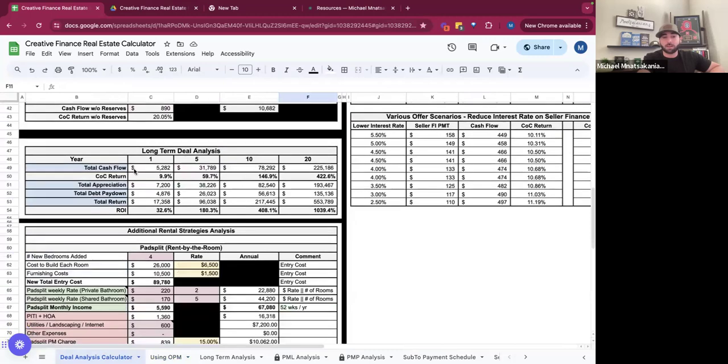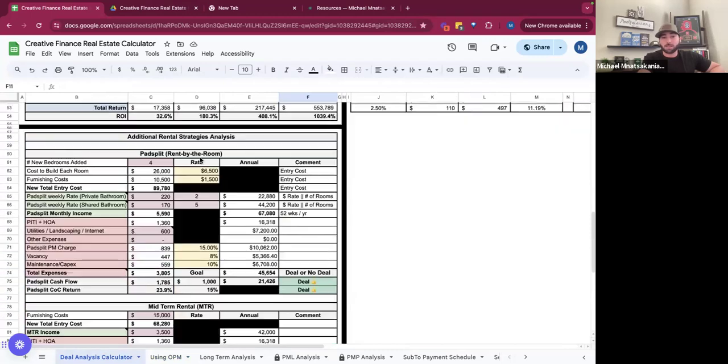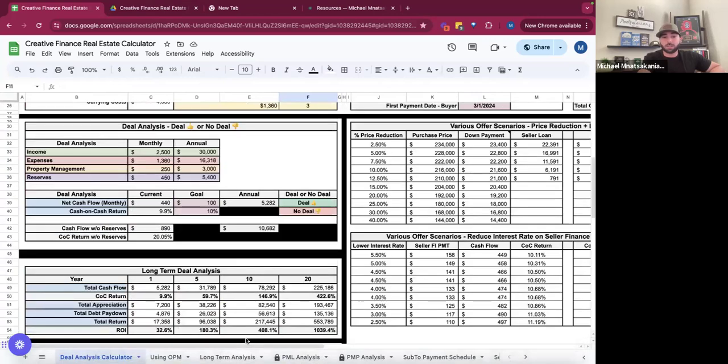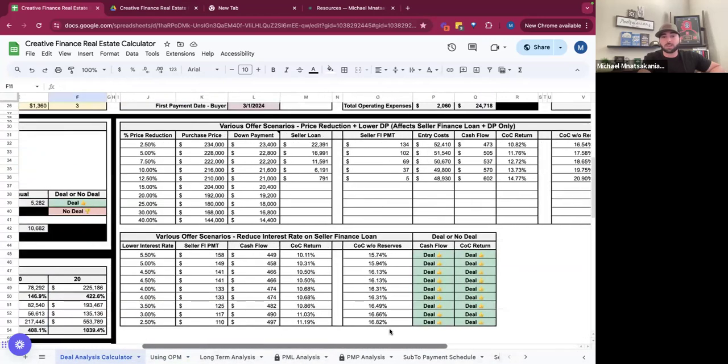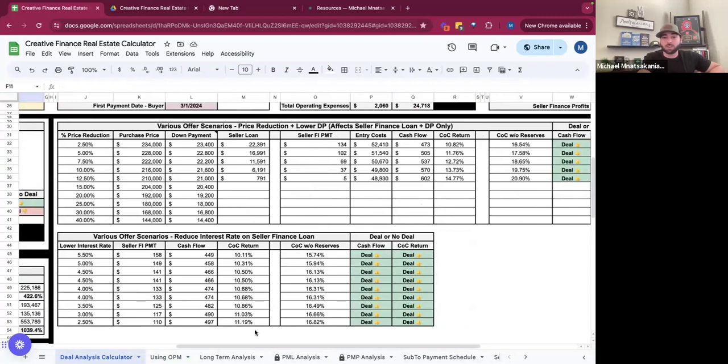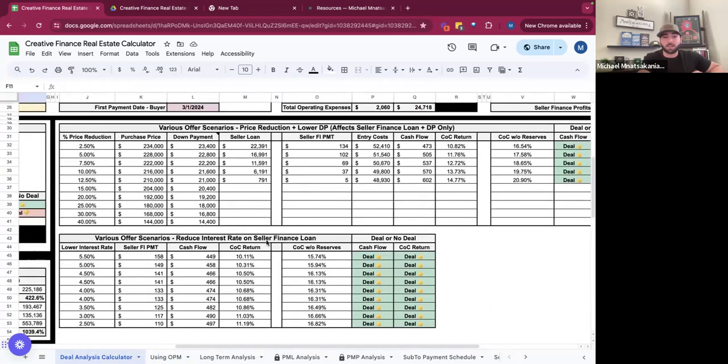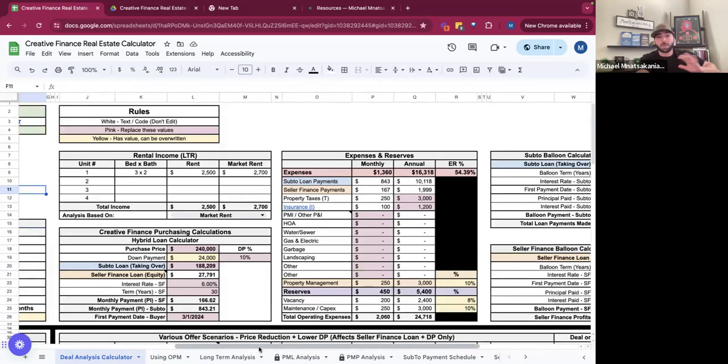So if you were to analyze this property over the long term as a PadSplit, rent by the room, midterm or short-term rental, or if you needed to quickly run a few scenarios to see if and when this deal would become a deal based on negotiating some of the terms, this also gives you that layout as well. So this is the paid calculator on my website.